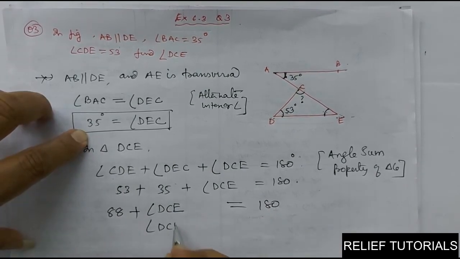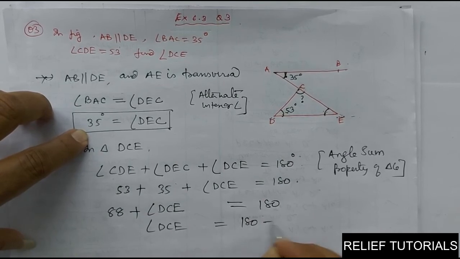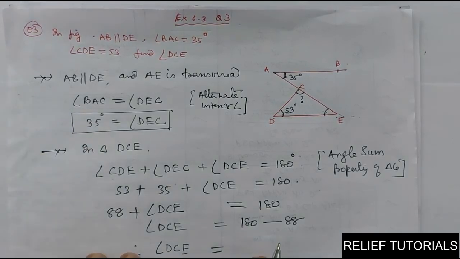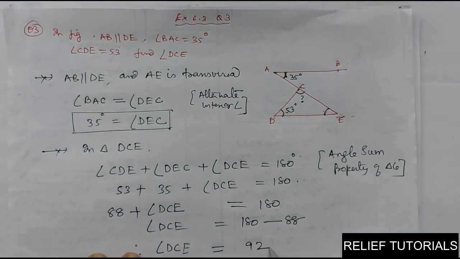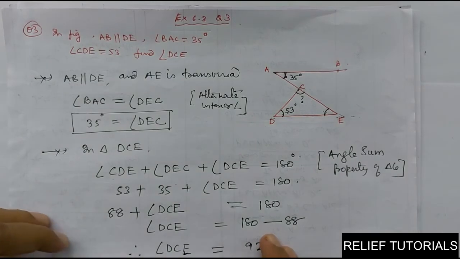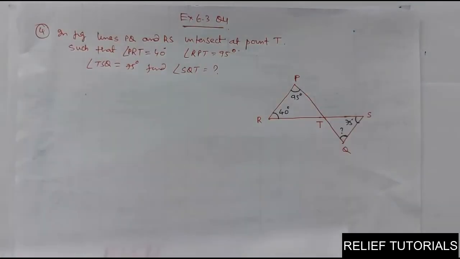Now angle DCE is equal to 180 minus 88. Therefore angle DCE is equal to 92. Have you got it? Quite simple. So we have done this exercise 6.3 question number 3.